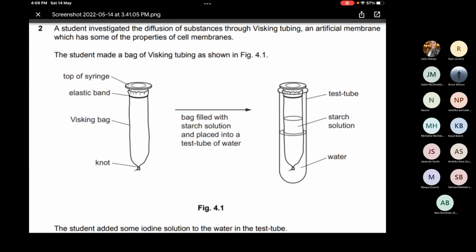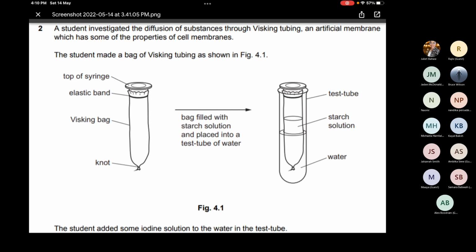So what they're trying to say is that the contents of the Viskin bag remain in the bag. That is simply because the water in the test tube is pure water, so nothing from the Viskin tube left the Viskin tube.